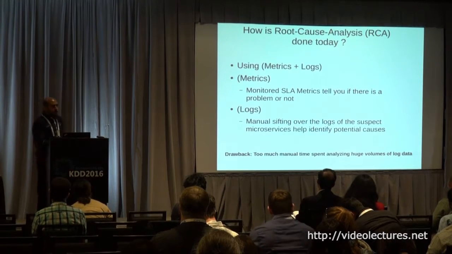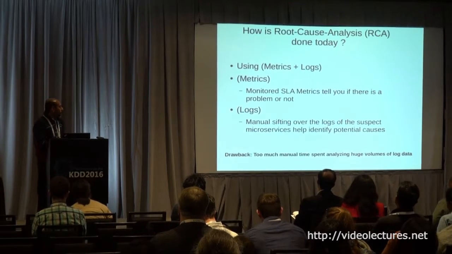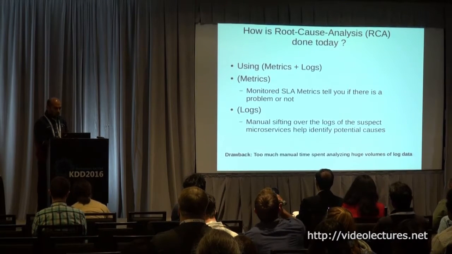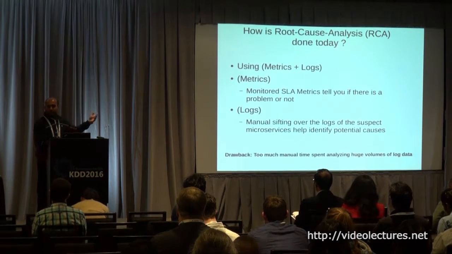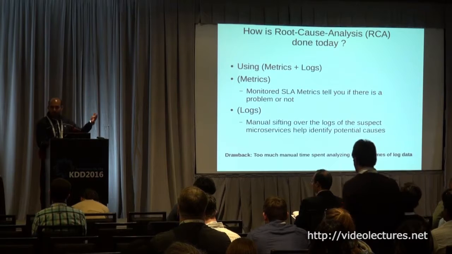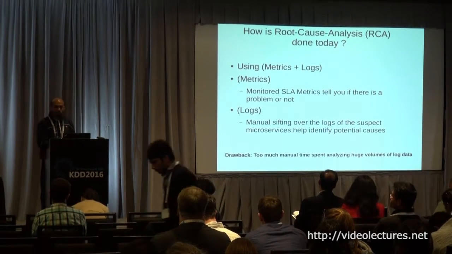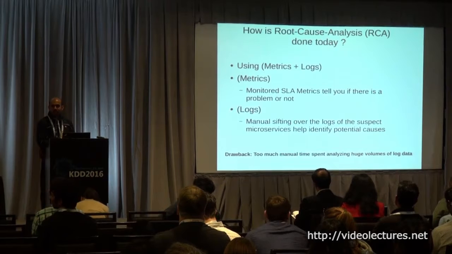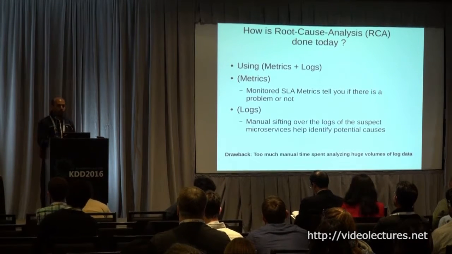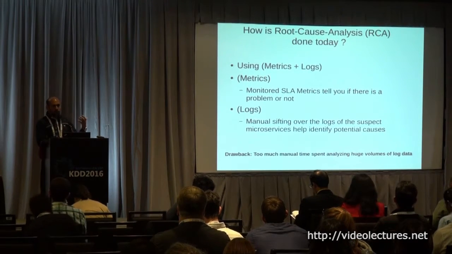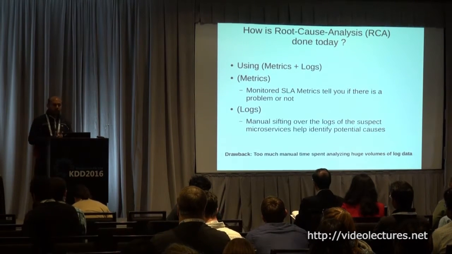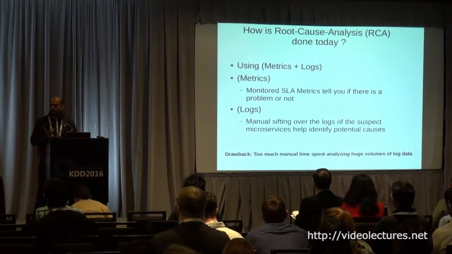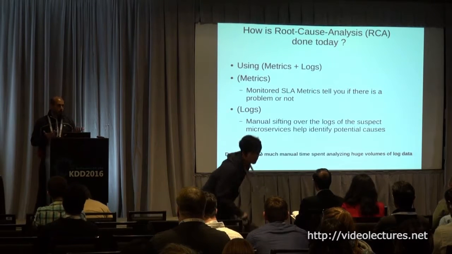The classical way this is done today is using a combination of metrics and logs. Metrics, as you know, are where people track a bunch of SLA metrics, like the number of requests a particular module is serving, or the response time, et cetera. Whenever you see that metric dropping below the SLA requirements, the admins of that application go and pull out the logs from the different modules and microservices, and sift through the logs manually to figure out where the problem is.